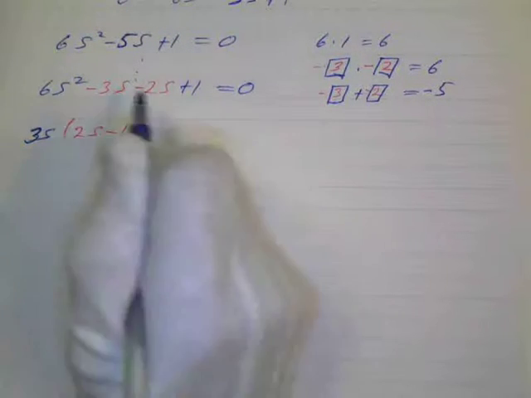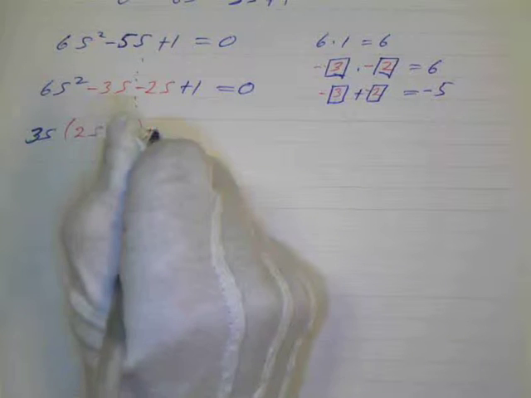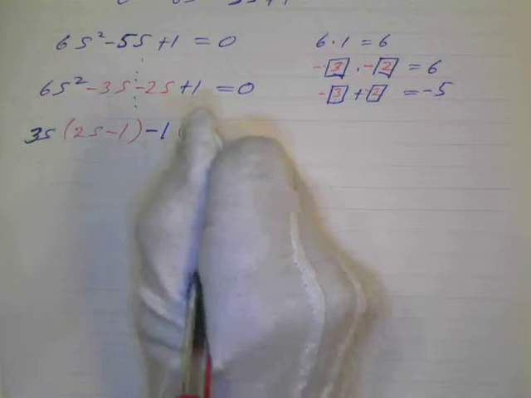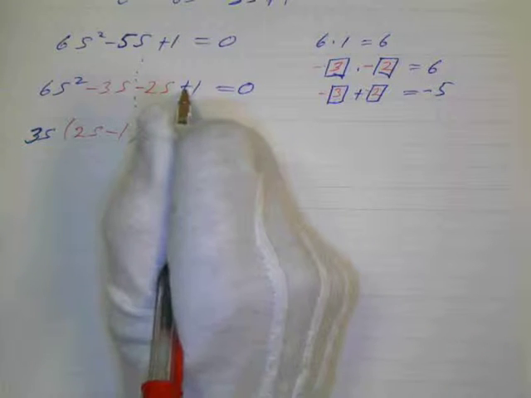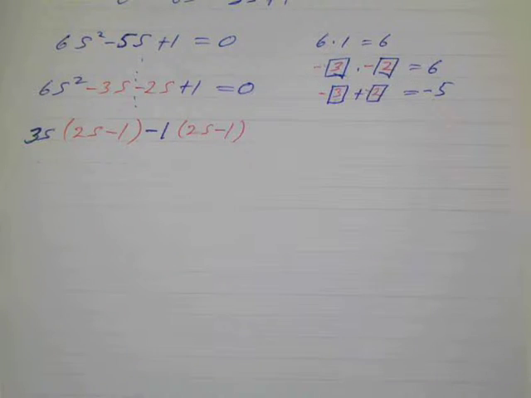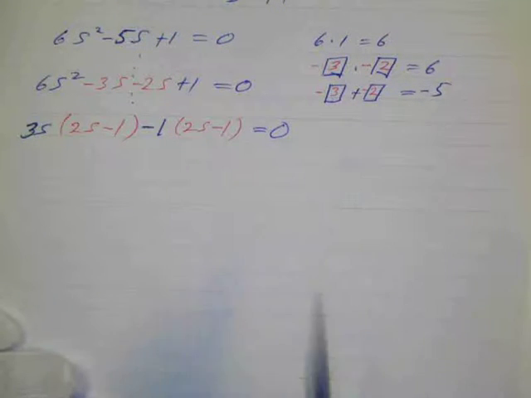And then here I'll always take out the leading sign, so I'm going to take out a negative. And there's nothing else to take out, so I'll just take out a negative 1, and watch how this works out. If I take out a negative 1, that's going to be 2s. And if I take a negative from a positive, I have a negative left, so I've got negative 1. And that equals 0. This will always work out if you can find the numbers that satisfy these conditions.